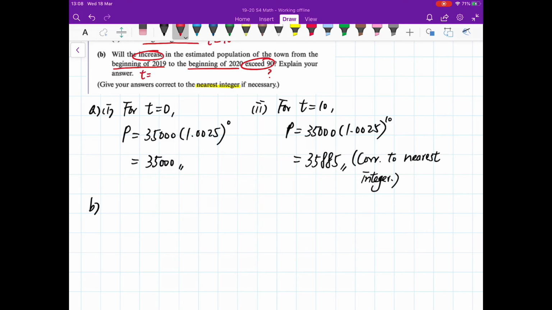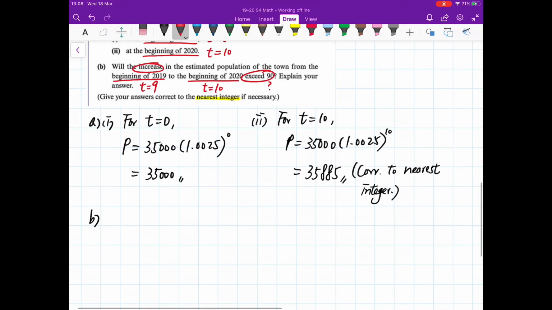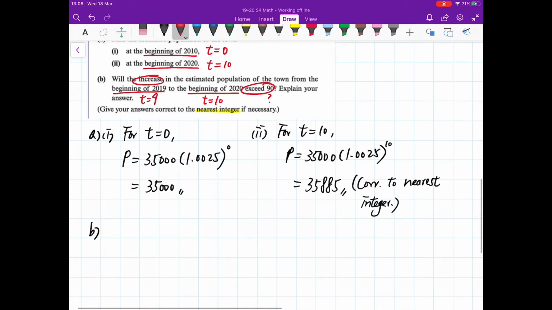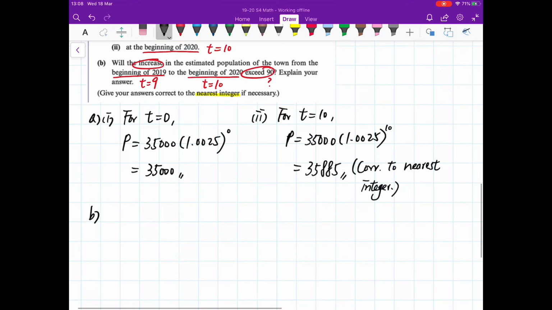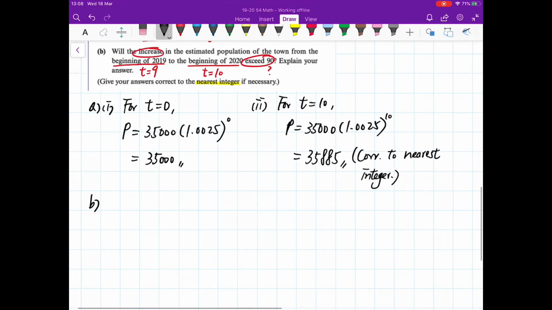The first one is the beginning of 2019, that is T equals 9. As for the beginning of 2020, T equals 10. So that means we have to substitute these two values of T into the formula, and then we have to compare the increase. That means we have to find the difference.